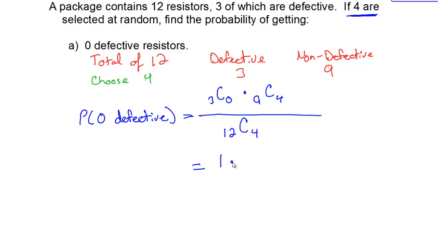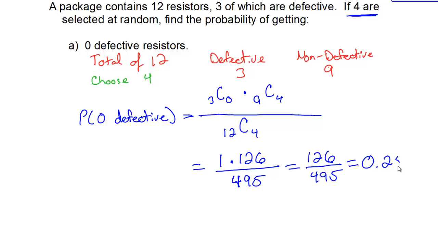There's only one way I can choose 0 of them. 9 choose 4, you can either do it out by hand or use your calculator, is going to be 126. 12 choose 4 is going to be 495. So I have 1 times 126, which is 126 divided by 495. When I do that division, that gives me 0.255.